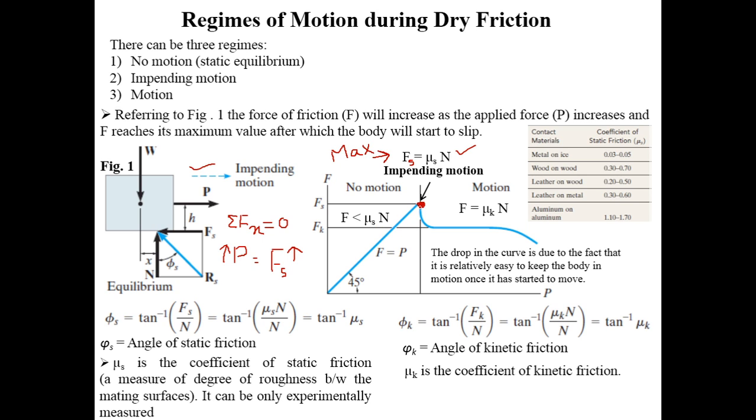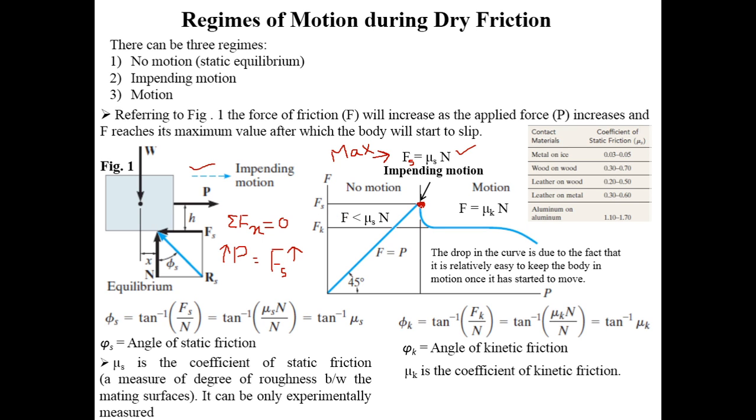Now, if you still try to increase the value of P at this point, what will happen? The friction force, because it has already reached its maximum value, will no longer be able to keep the body in equilibrium, and your body will be on verge of motion. The motion will just start to happen, and once this force is increased further, your body will be in motion.